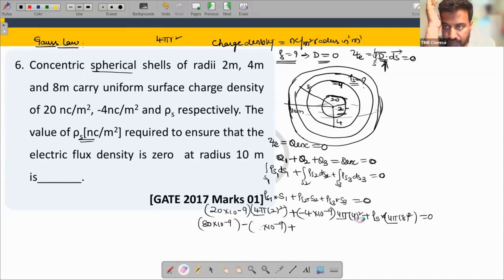This is the first one: 4 into 20, 80. This is the second one: minus 4 square is 16 into 4 is 64. Plus rho s into 64 is equal to 0.